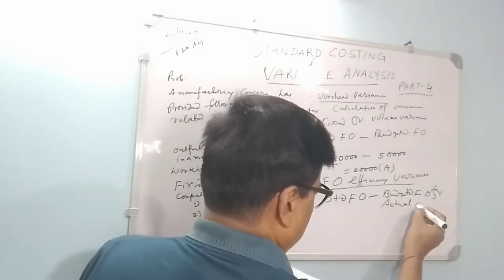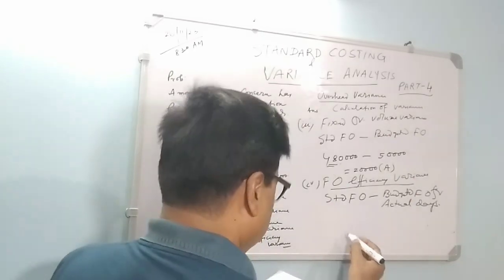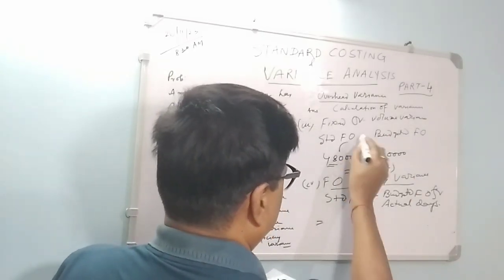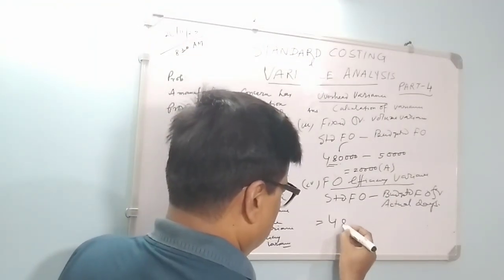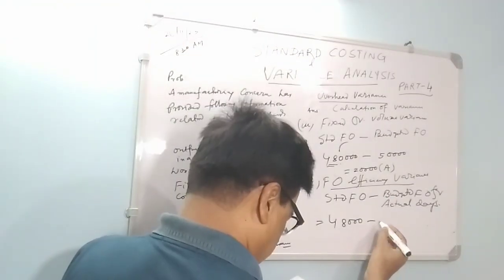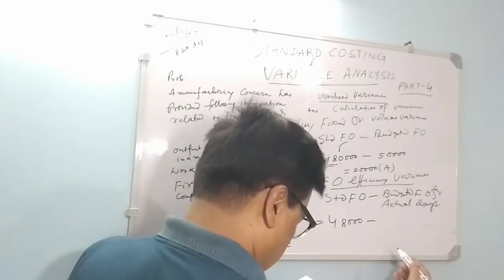Remember, this formula you have to carefully remember. Here standard fixed overhead, as in your earlier calculation, is 4,80,000 minus budgeted fixed overhead for actual number of days.